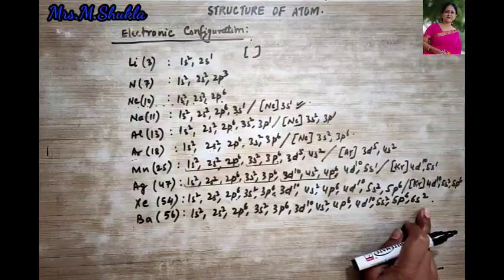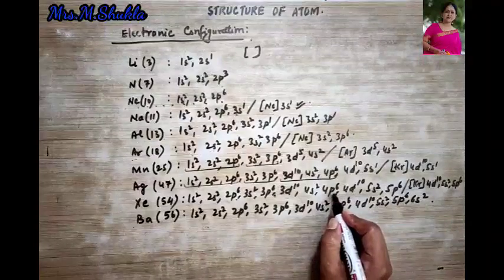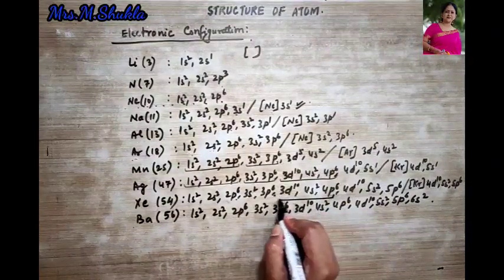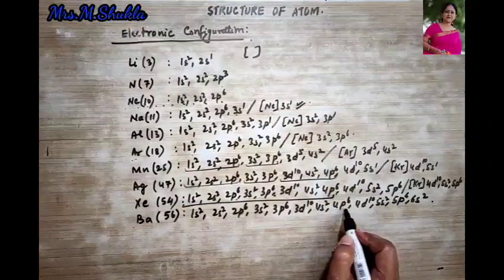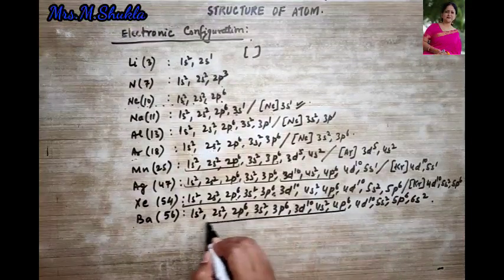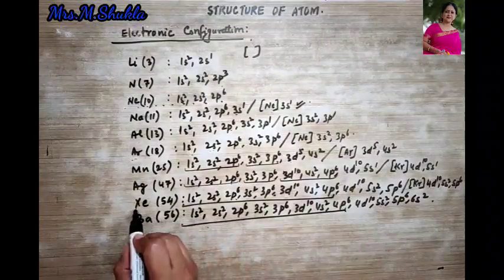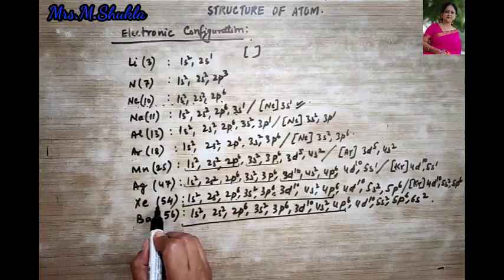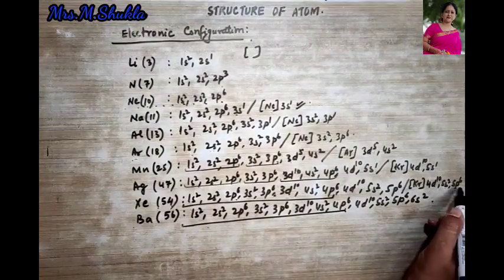Let's write it down for barium. Now for barium, how much do we know? Till 4p6 we know that this much is what? Your krypton. Okay. Now further, another one is xenon. Xenon is 54. So till where? 5p6.